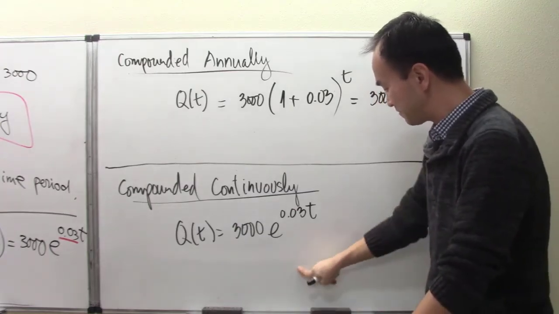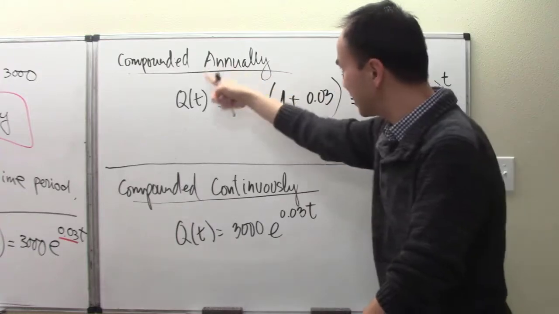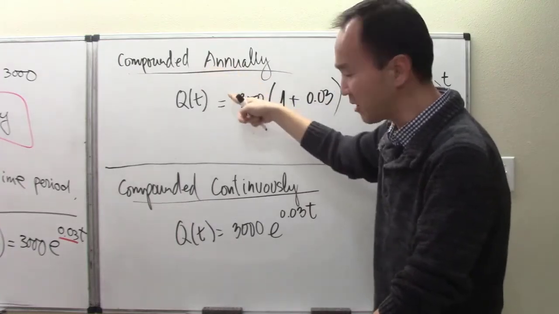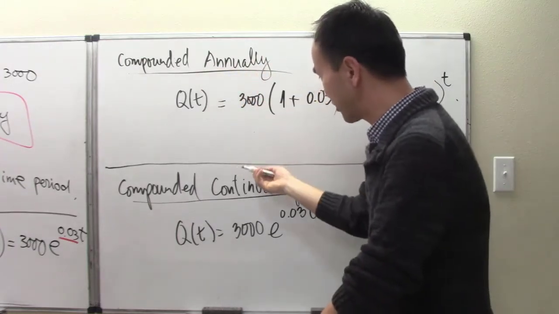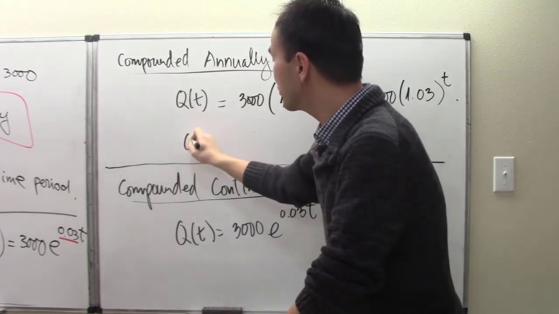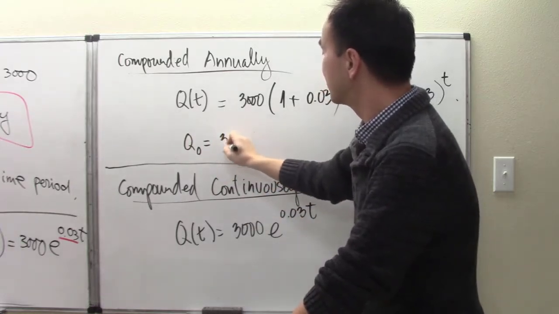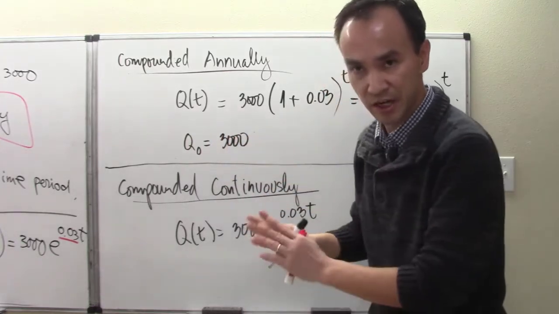Needless to say, in this plan where the interest is compounded annually, think about the initial time, Q0, that's 3,000 for the initial amount.